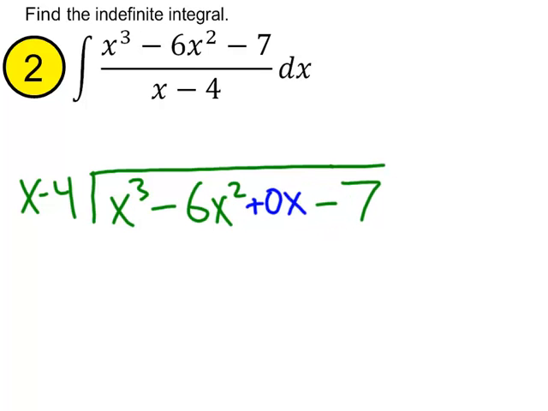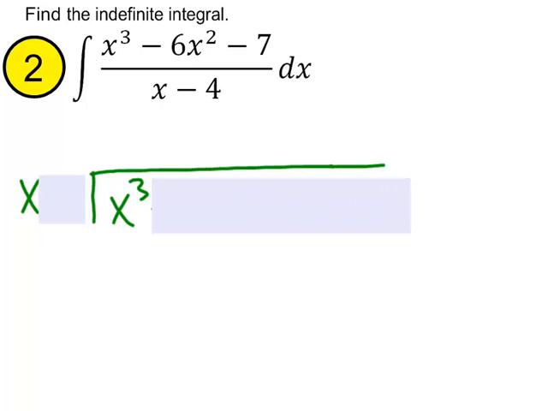So plus 0x here. And remember how we do this is we initially ignore everything but what you see displayed here, and we say how many times does x go into x cubed? And the answer is x squared, so we'll put that up here.